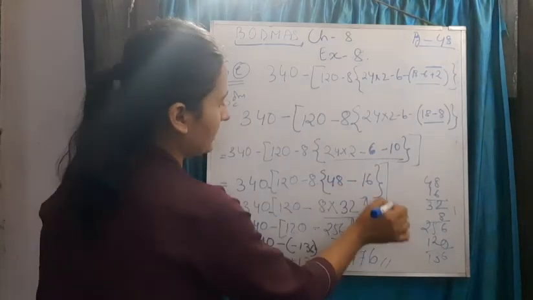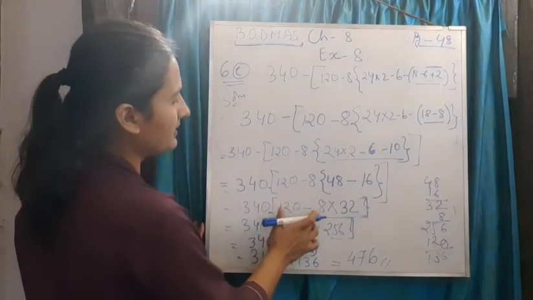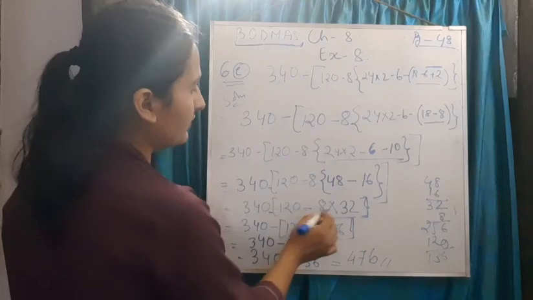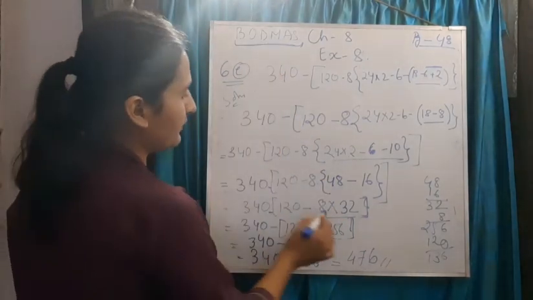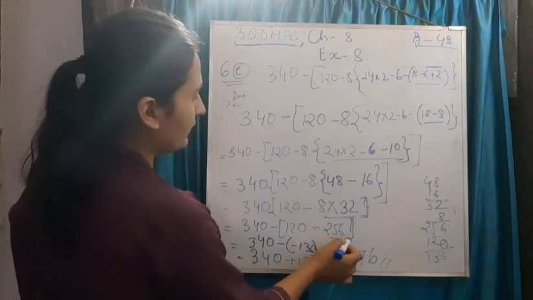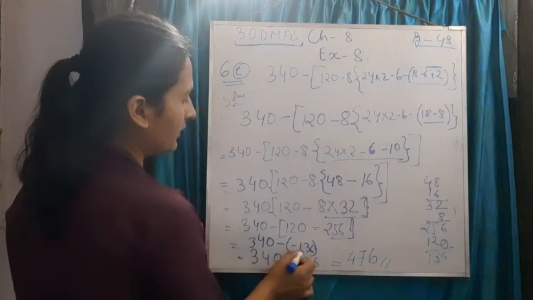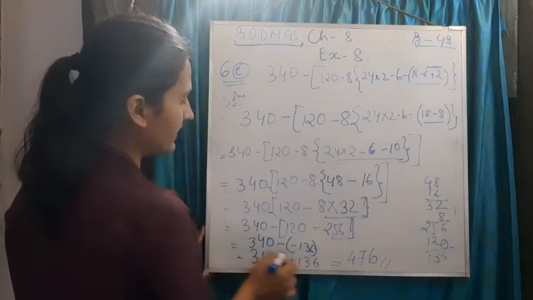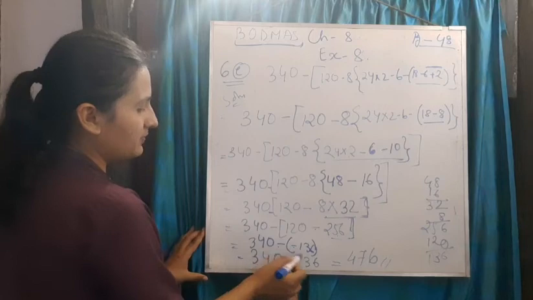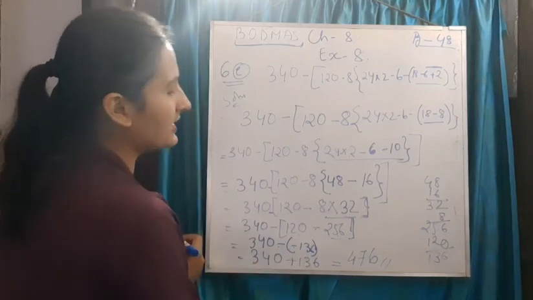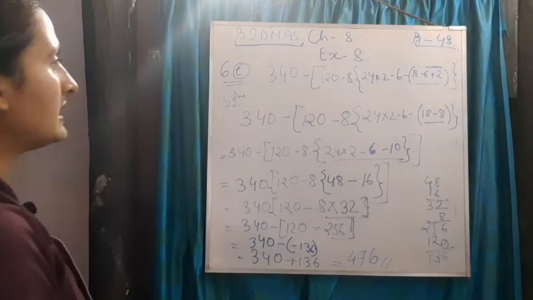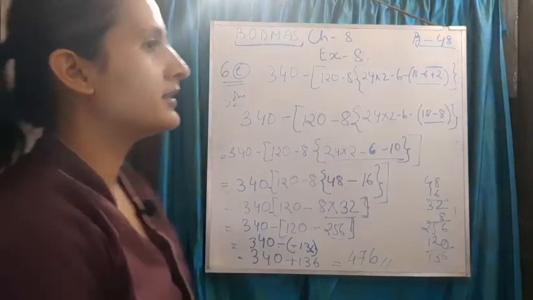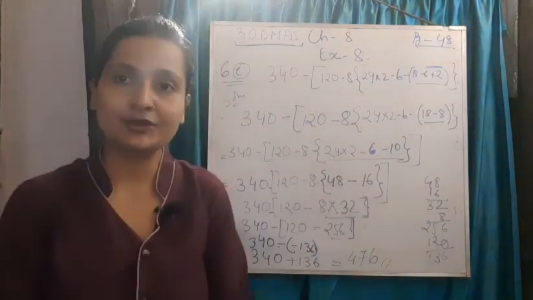Then when this bracket is removed, we got 120 minus 8 into 32. So next we will be multiplying, right? Multiply comes first. We did multiplication, then 256. Then after subtracting, we got minus 136. Here it is minus, minus, plus. So 340 plus 136 gives your 476.